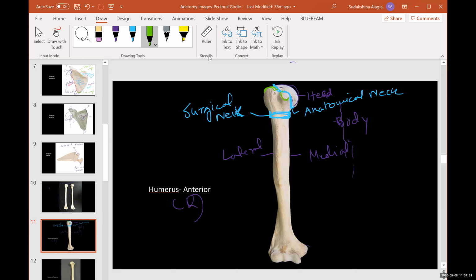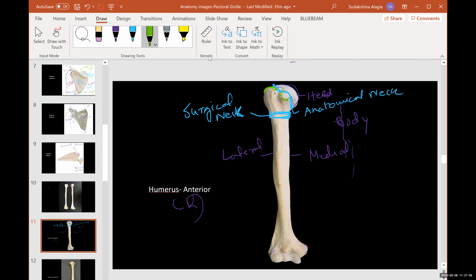These tubercles, ridges, and lines pretty much serve as attachments for muscle. Various muscles attach to these tuberosities, tubercles, etc. We'll go over this on different bones. You'll see line, tuberosity, tubercle. Typically, those are for muscle attachment.